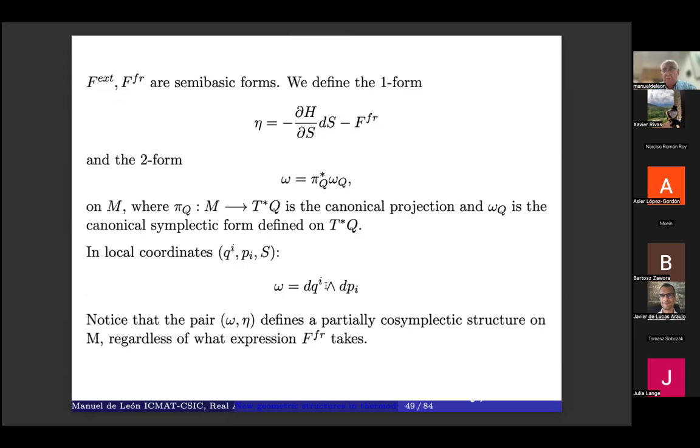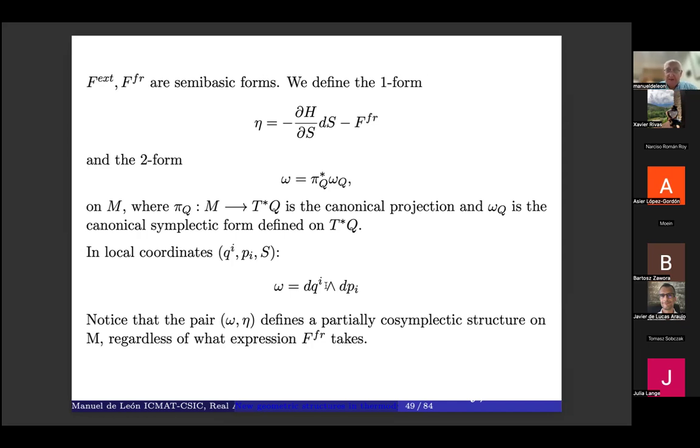We are now in T star Q times R. And we define this one form, eta. And we have a two form, and the two form is just the pullback of the canonical symplectic form on T star Q. So we have one of these structures. This is omega, and eta is not closed in general.